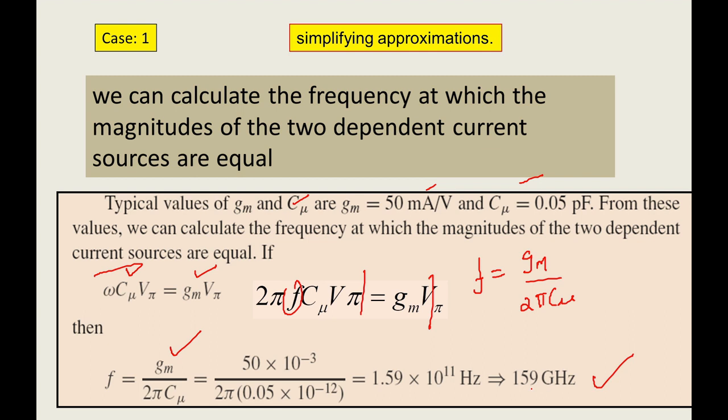Our transistor works only in the megahertz range, but the frequency at which both sources are equal is in gigahertz. That means it is not possible in a realistic system. Your transistor is not going to work at 159 gigahertz. You are going to work in the megahertz only. So it is meaningless to keep this current source, and I can remove it from your model. This is the first approximation.